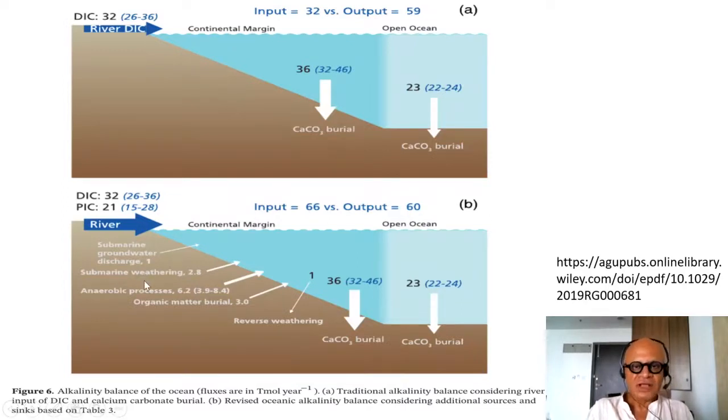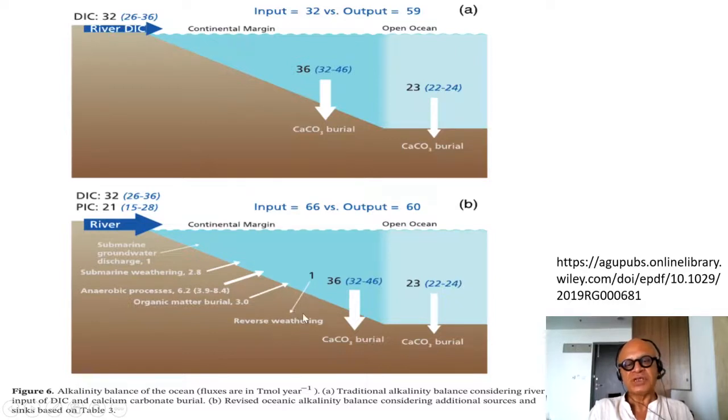Submarine weathering is going to add, so this is 1 teramole per year, 2.8 here. Anaerobic processes 6.2. Remember, methanogenesis and seep waters into the pores and authigenic clay formation, and that consumption of alkalinity. Organic matter burial, reverse weathering, which we will look at in more detail.